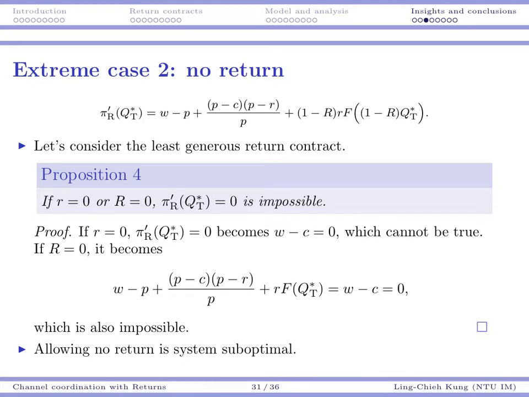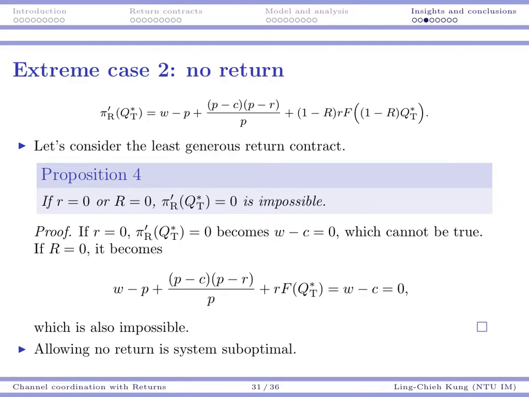Another situation is just the wholesale price contract. We can also prove that with the wholesale price contract, it is impossible for the system to be efficient. If r is 0, then we plug in r to be 0 there, and we can see that this equation requires w to be c, which cannot be true.